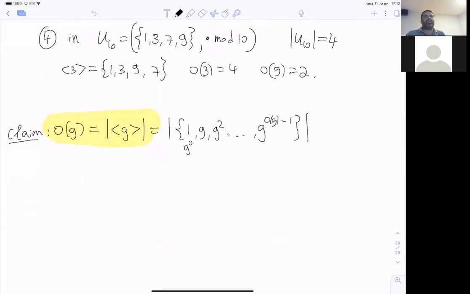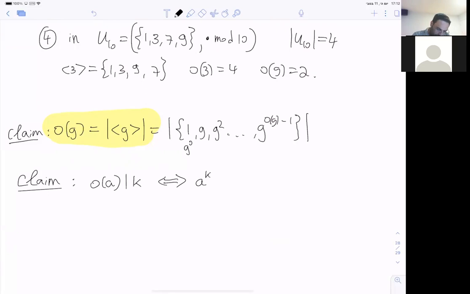So I claim the following thing. The order of an element a divides the number k if and only if a to the power of k is e.